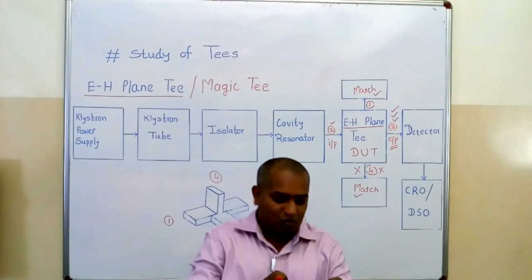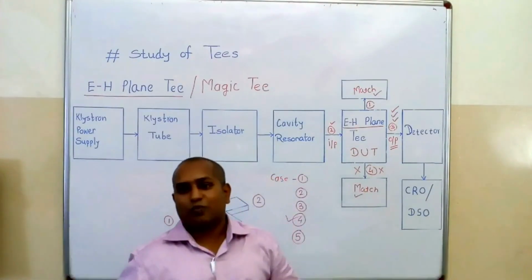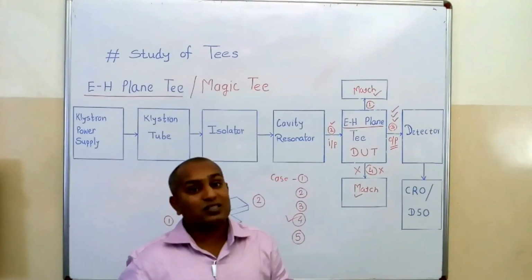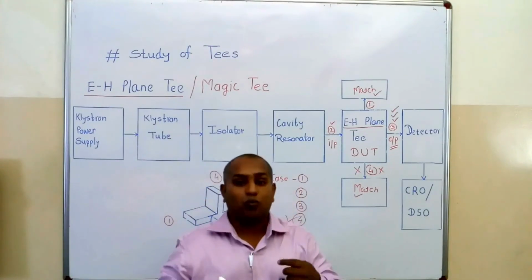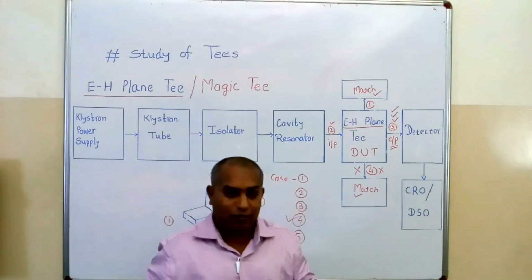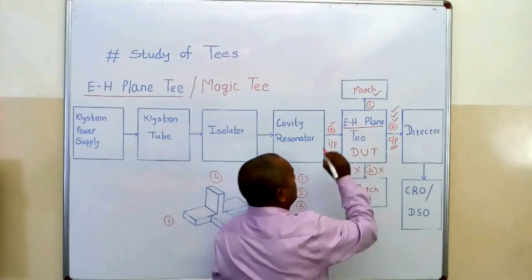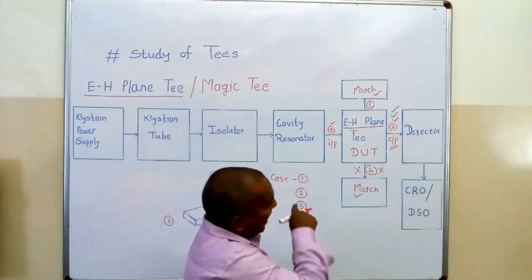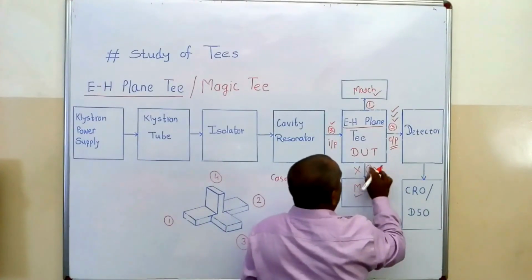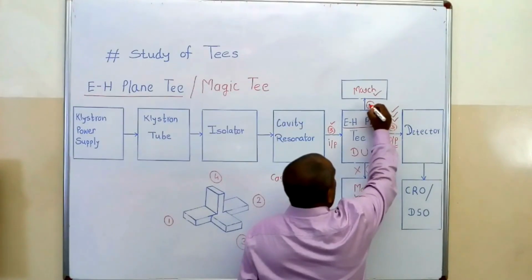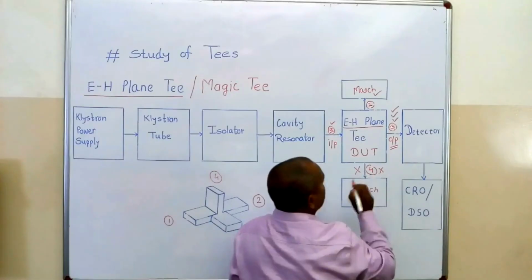The next case means what? We saw the input across port 1 and input across port 2, but we haven't seen the input across port number 3. What will happen? So apply the input to port number 3, match port number 2 and 4.